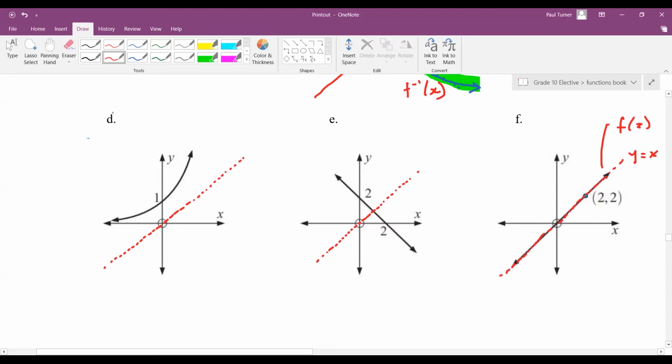But generally, they'll be like D. You can draw something different. Okay, try those for a minute. See if you can draw the inverse. We don't need the equations at all for these. We just look at the function and sketch the inverse. That's what this section's about.